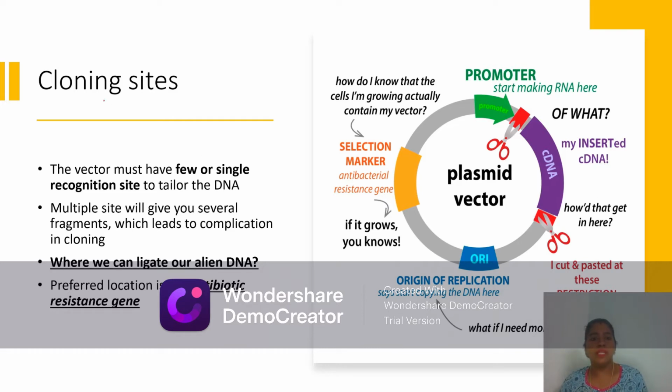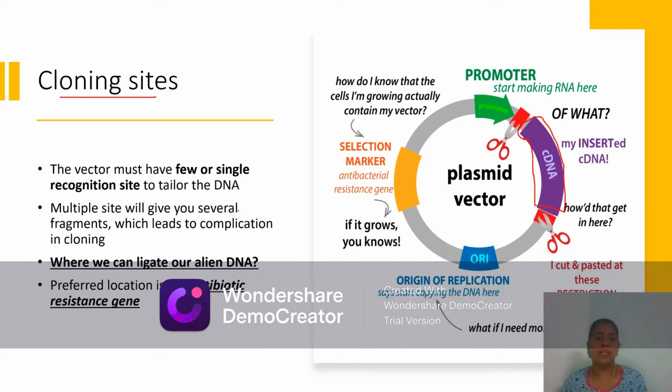So definitely your vector should have a cloning site. In genetic engineering studies, we need very few recognition sites only. We do not want multiple cloning sites.